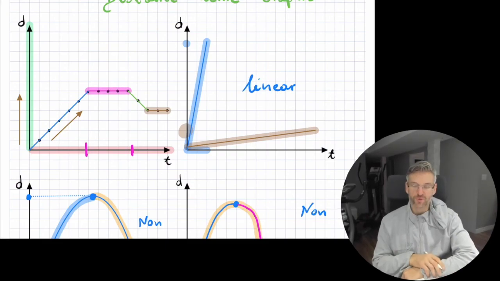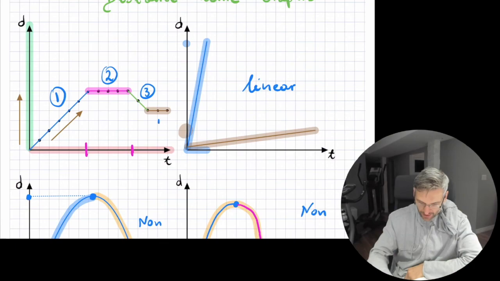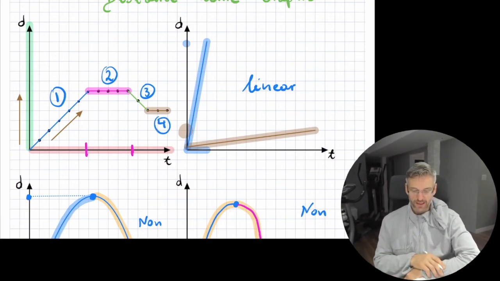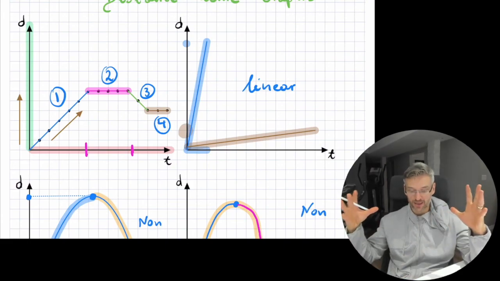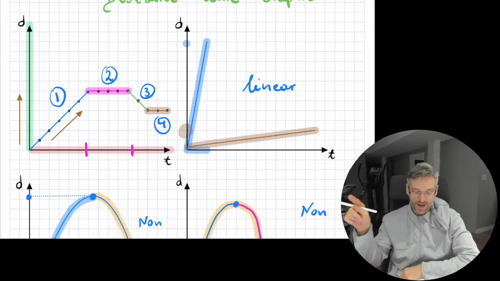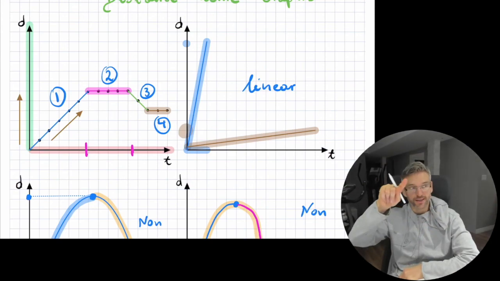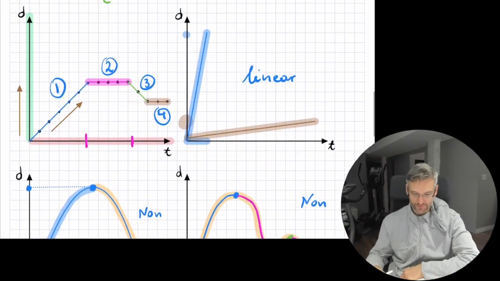And the first one was actually a combination of linear ones: one linear graph, second, third, and fourth. Those 4 lines would be linear because they're straight lines. As a whole together, if you were analyzing the whole thing, it's not linear because it would look like a parabola up, and then it would flatten out.